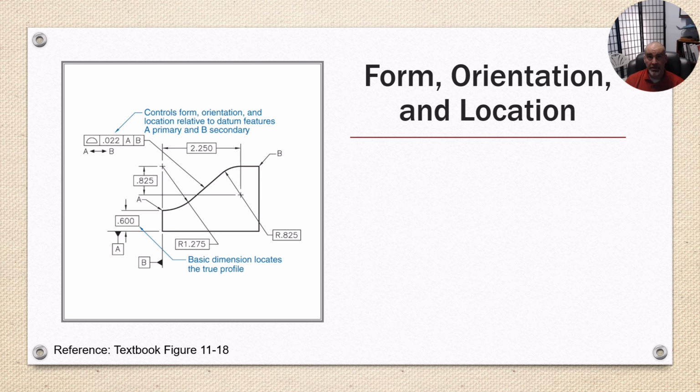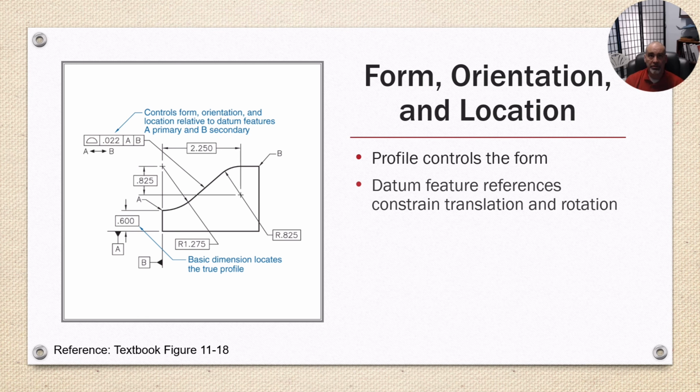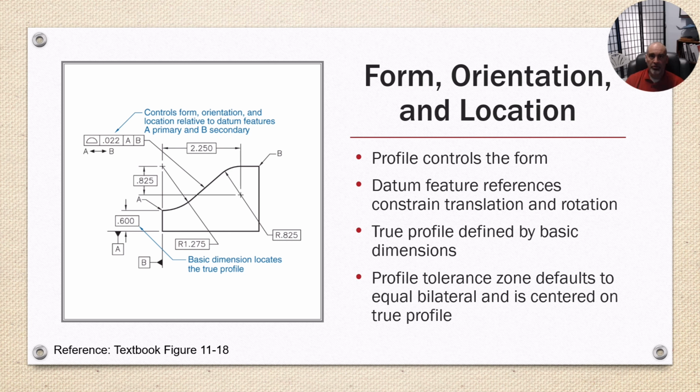Form, orientation, and location: profile controls the form, not the location or the orientation. The datum feature references constrain the translation and rotation. The true profile is defined by basic dimensions, and the profile zone defaults to equal bilateral and is centered on the true profile by default.